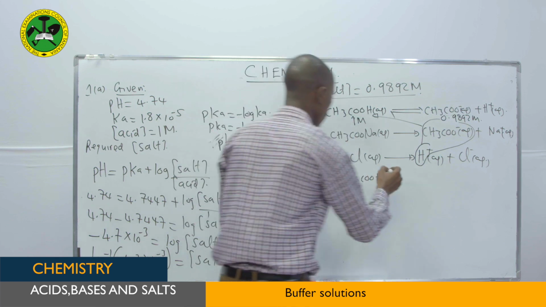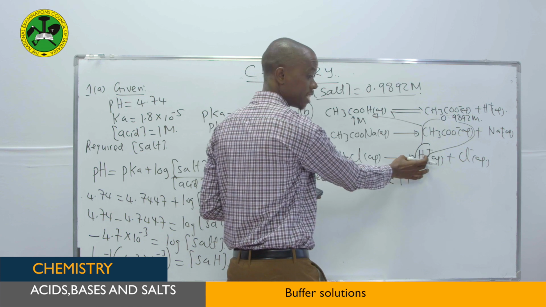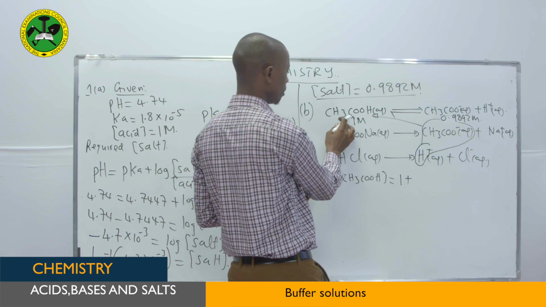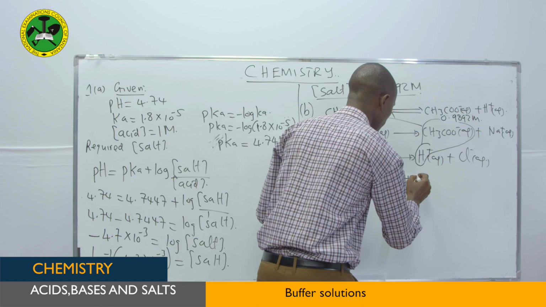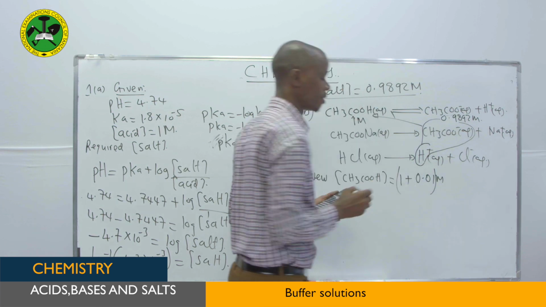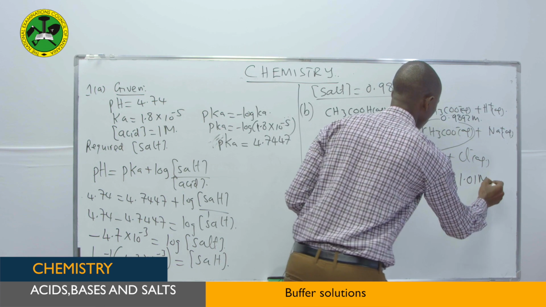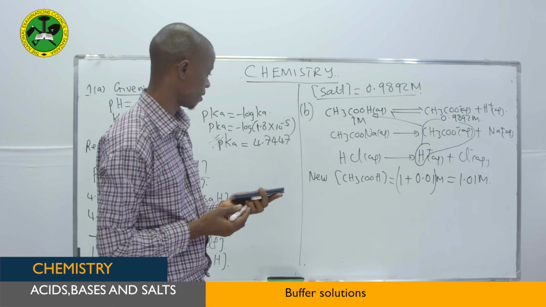The concentration of the acid will be 1 plus the concentration of the acid which is added because it is formed here. So the concentration that is formed there is 0.01 molar. That is what is added. So there we are going to obtain 1.01 molar. That will be the new concentration of the acid.